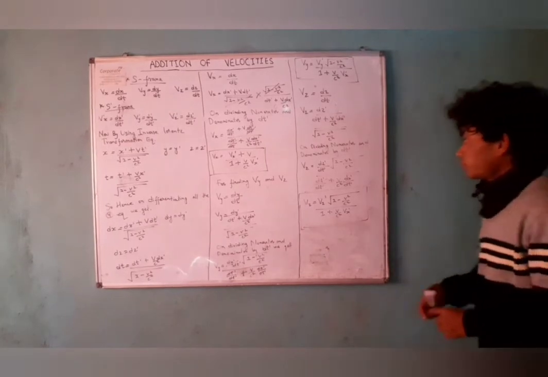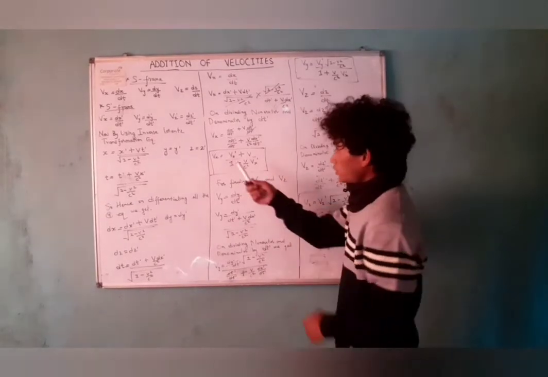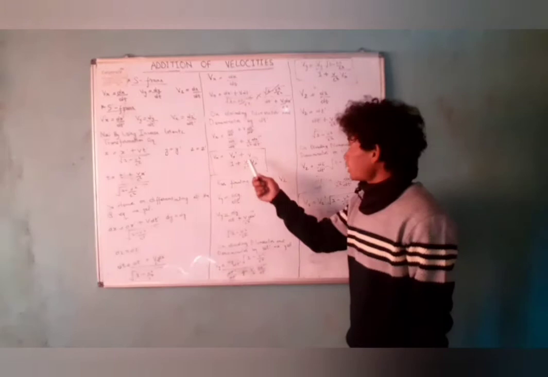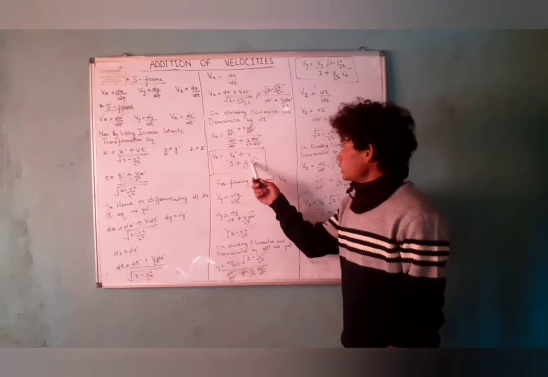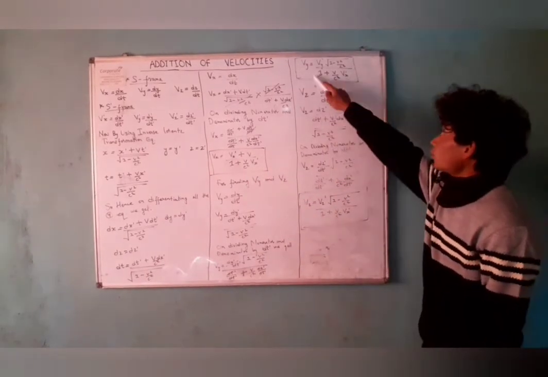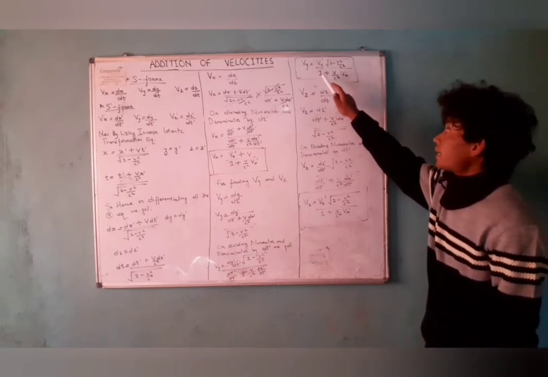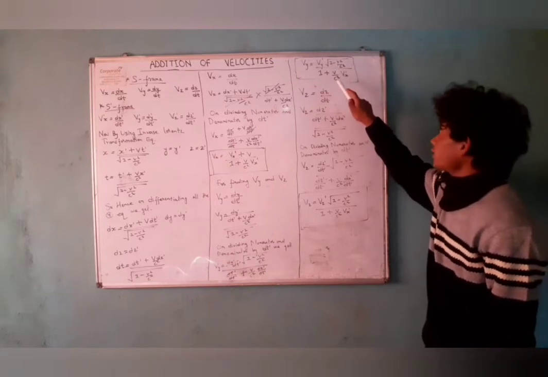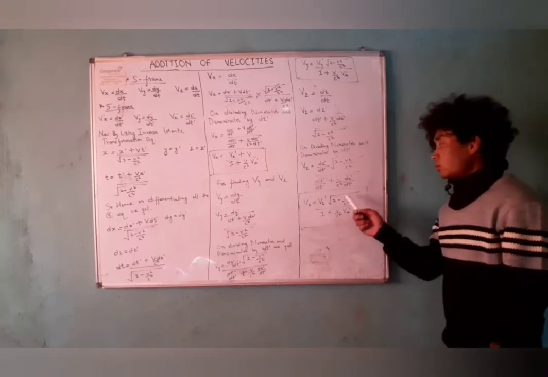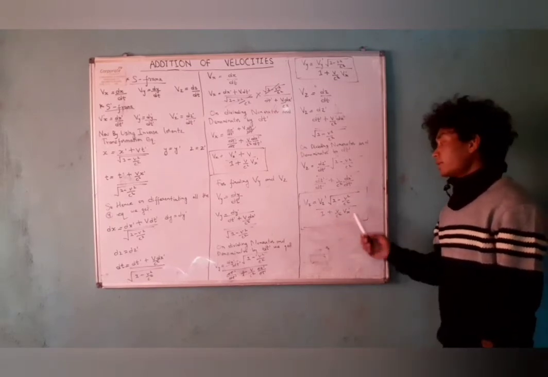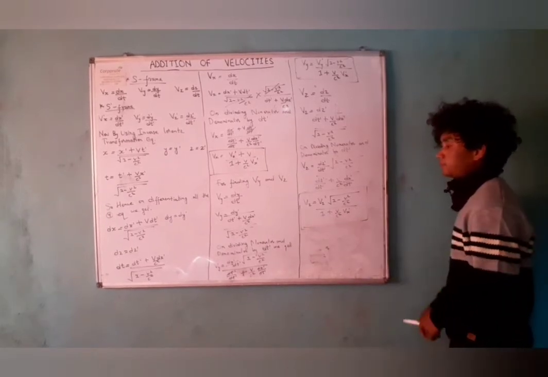So we have found vx, vy and vz. Here vx equals to (vx prime plus v) divided by 1 plus v by c square into vx prime, and we have got vy equals to vy prime into root over 1 minus v square by c square divided by 1 plus v by c square into vx prime, and vz equals to vz prime into root over 1 minus v square by c square divided by 1 plus v by c square into vx prime.